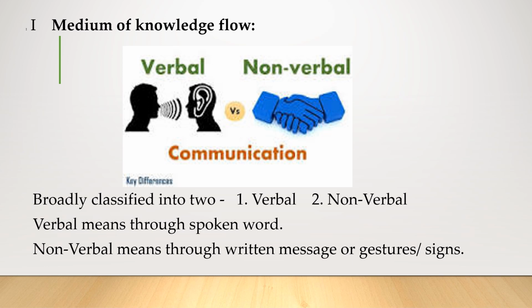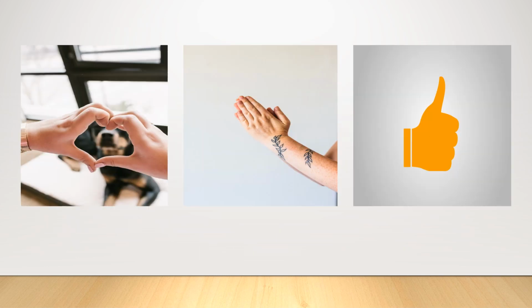So broadly we classify them under two headings, verbal and non-verbal. And under non-verbal we have written message, gestures and signs. Okay, so it is not only all the written script is there, but even we have signs and gestures. Now like here, you can see for yourself that the first picture is of a person who's made a heart-shaped frame with the help of his fingers, right?